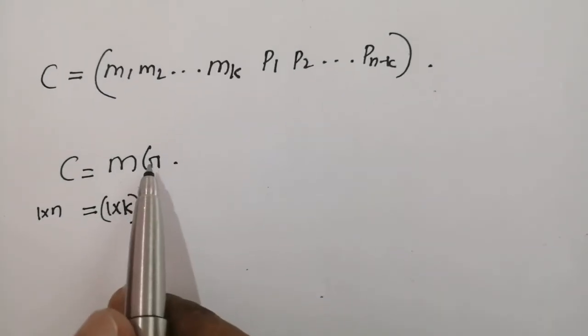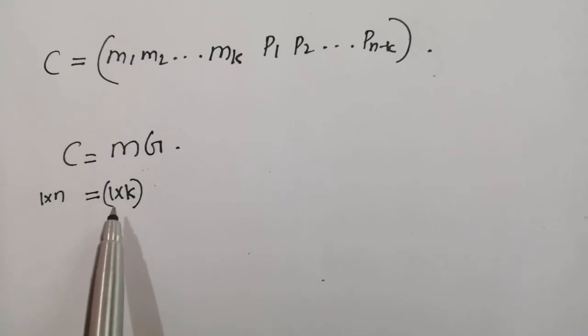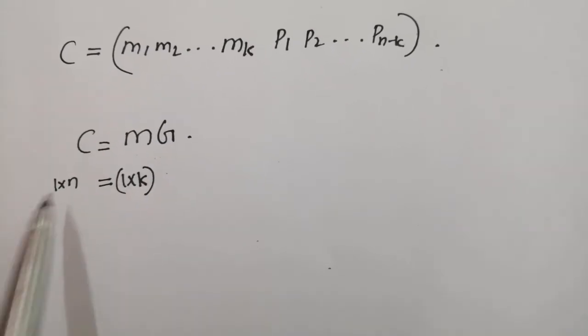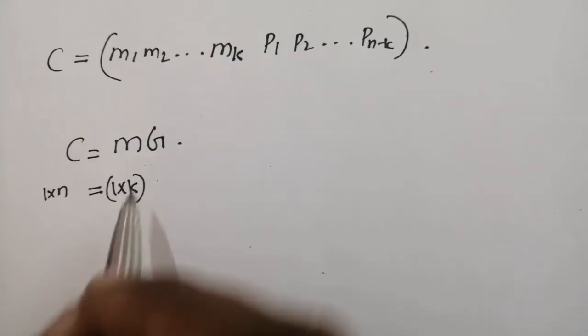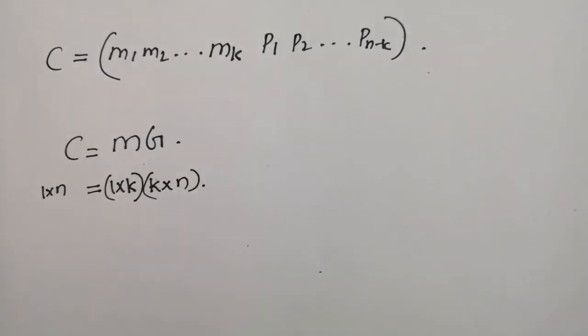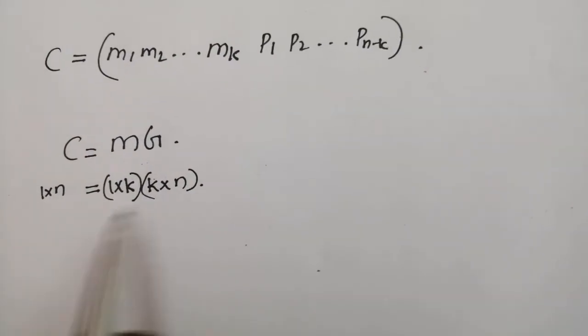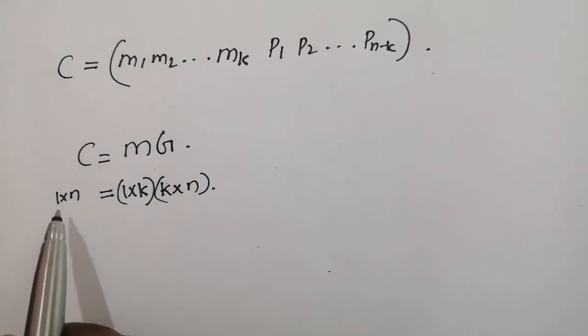Now what is the dimension of G? If you multiply the message vector of dimension 1 by k with G, you get 1 by n. So definitely the dimension of G should be k by n, which results in a vector of size 1 by n.